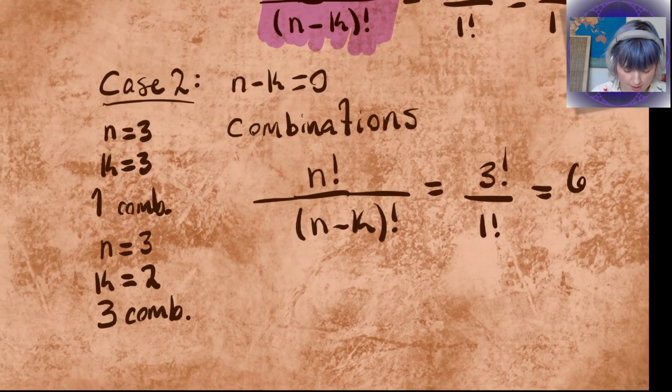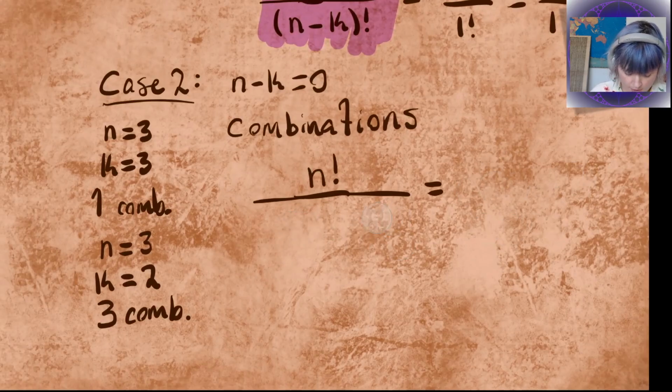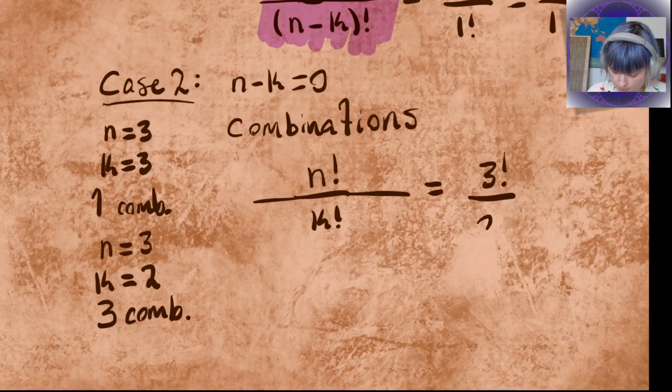So then for the previous one that we had, it would actually work, it looks like. You would have 3 factorial over 2 factorial, which is 6 over 2, which is 3. So maybe it does work.